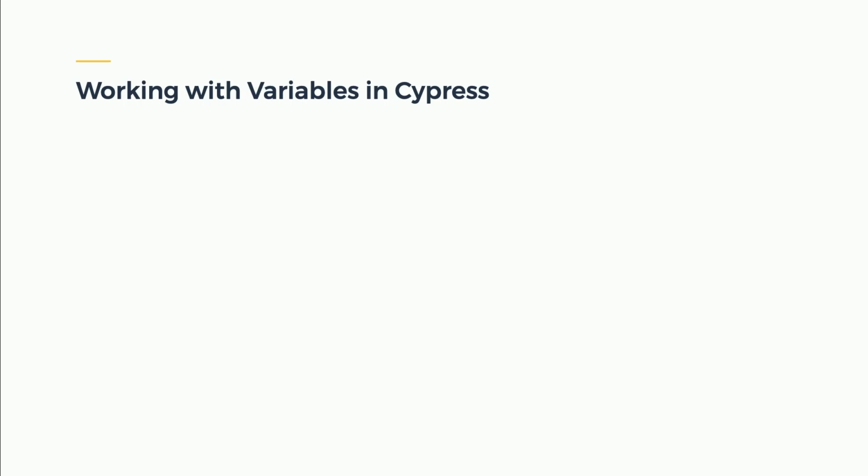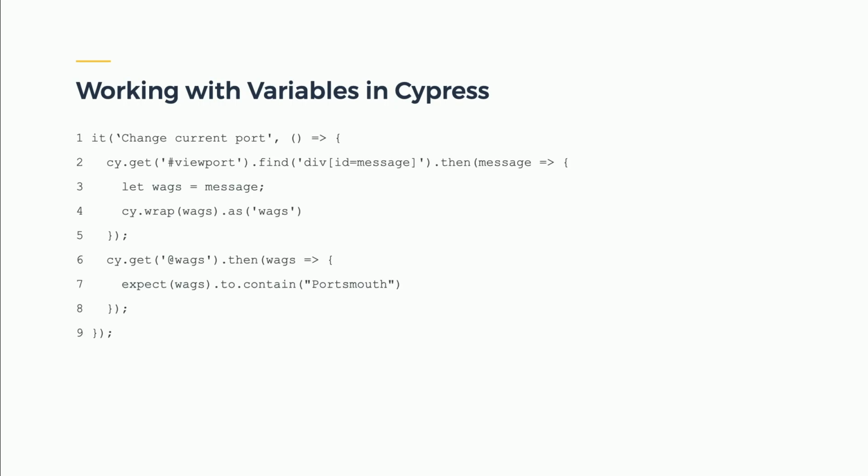So what does that look like? Here's an example. So you have to save the variable there. And then you retrieve the variable here. If I just tried to assign the variable myself and then tried to use it right away, it just wouldn't work. It would fail. Okay.